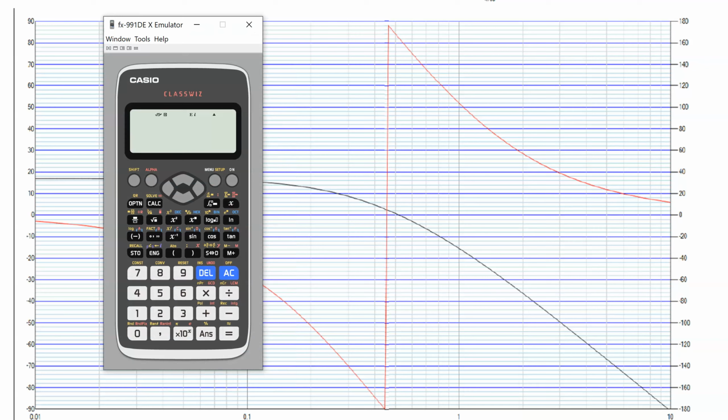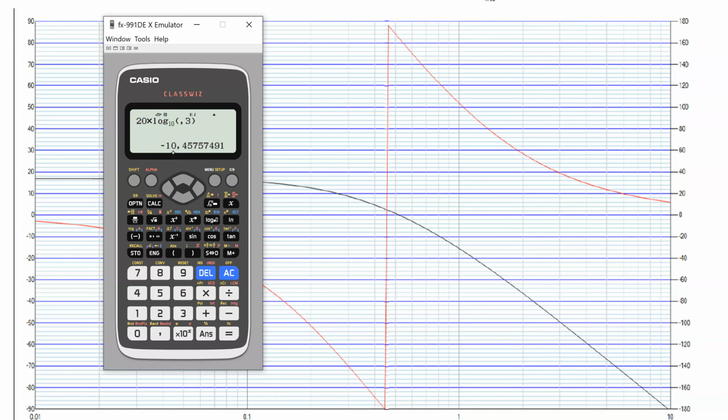So I open a calculator and we now calculate 20 times the logarithm to the base 10 of the value 0.3. And this is a value of minus 10, say rounded to 10.5 dB.